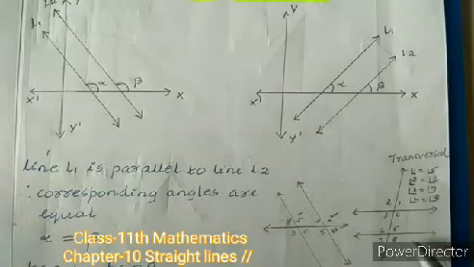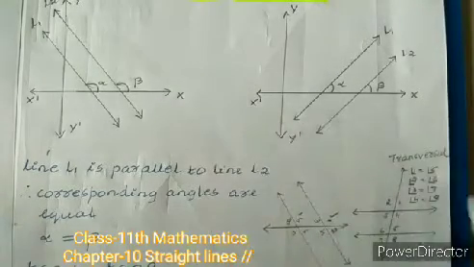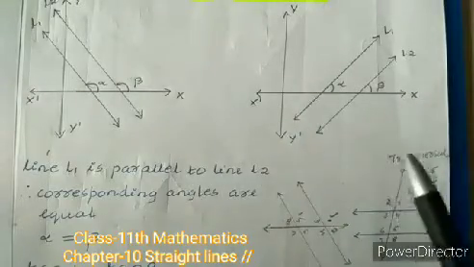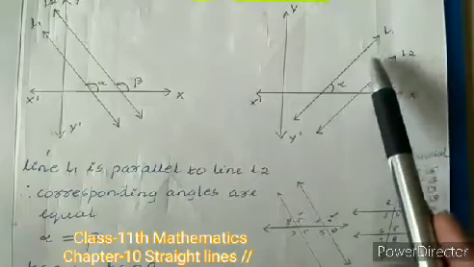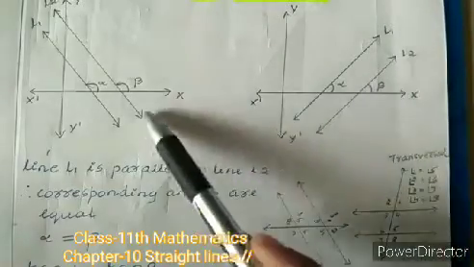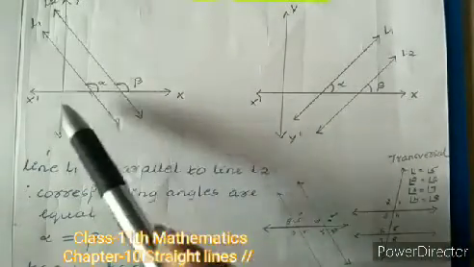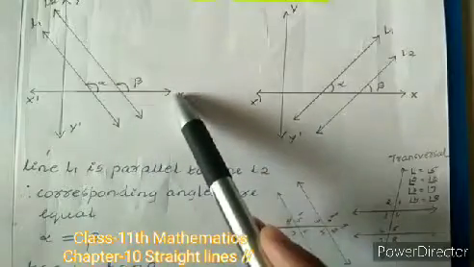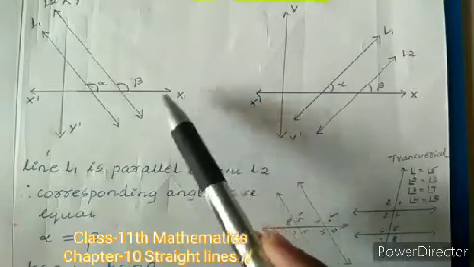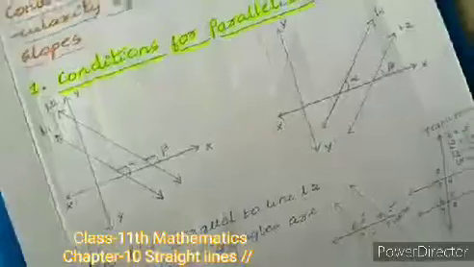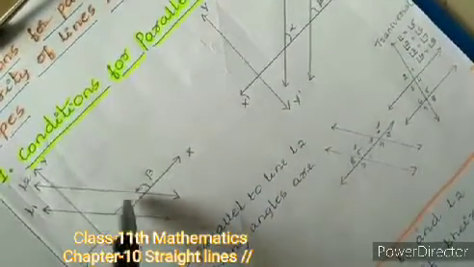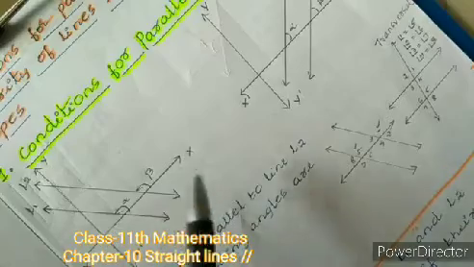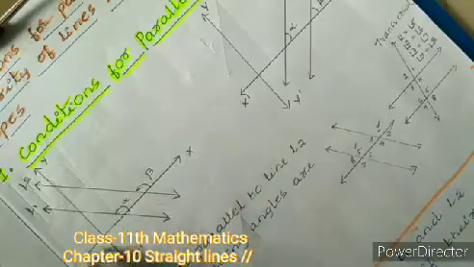If you compare this with these two diagrams, here also you can see that we have line 1 and line 2. These two lines are parallel lines, and this x-axis we can take as a transversal. If you turn this particular diagram, you can see that we have two parallel lines, line 1 and line 2, and the x-axis cuts these two lines.